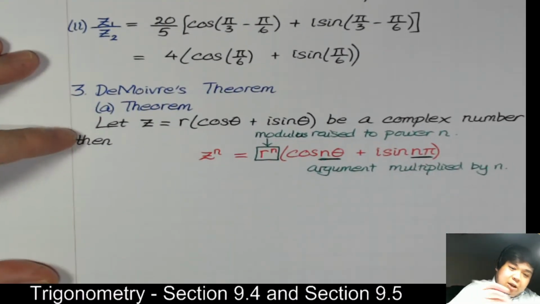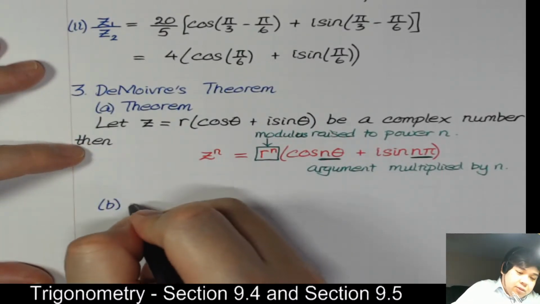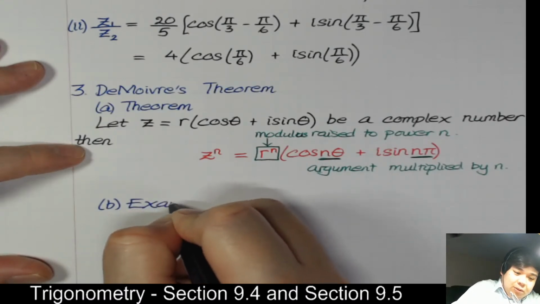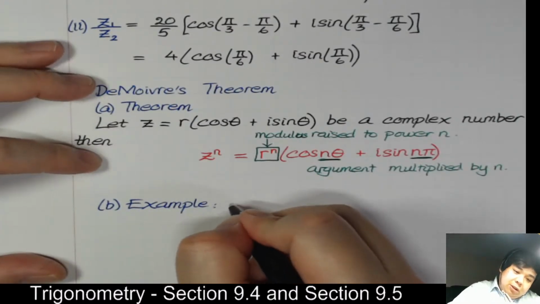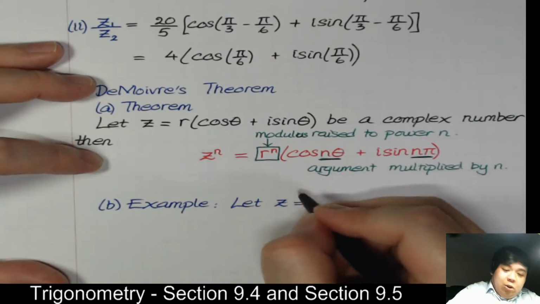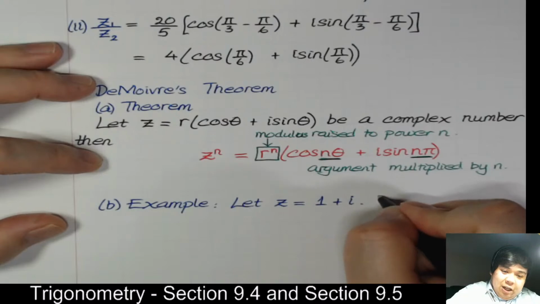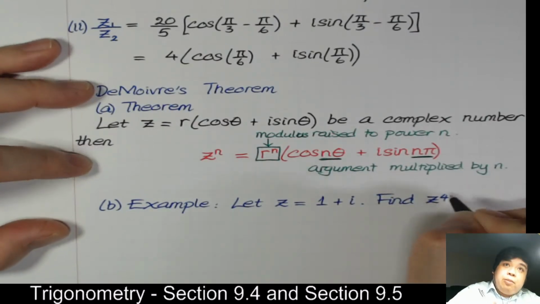Let's look at the first example. Let z equal 1 plus I, and then find z to the fourth.